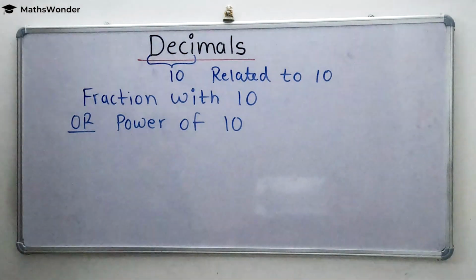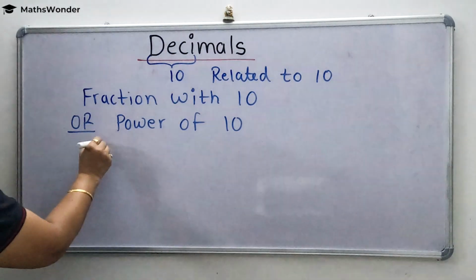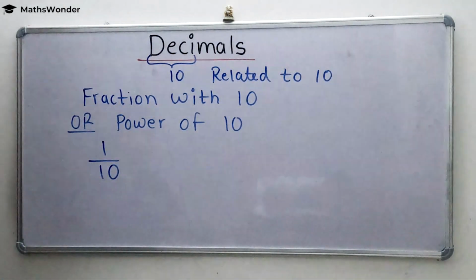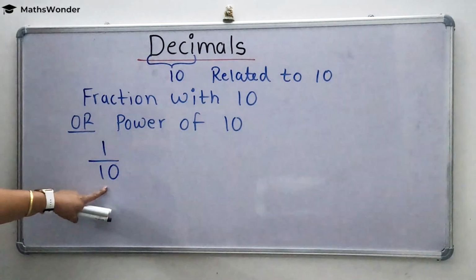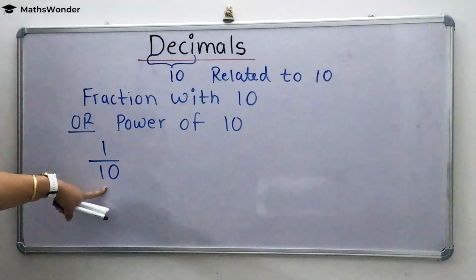Power of 10 means, for example, fractions with a power of 10 as the denominator are called decimal fractions. Suppose 1 over 10. 10 means a single zero is here.